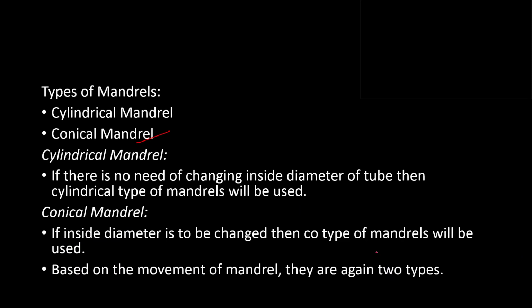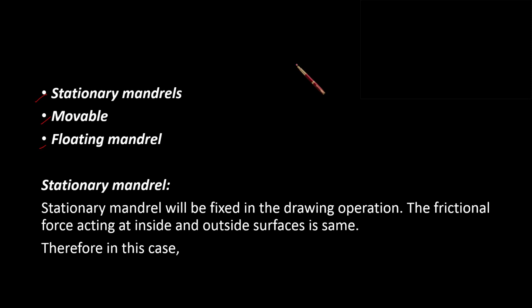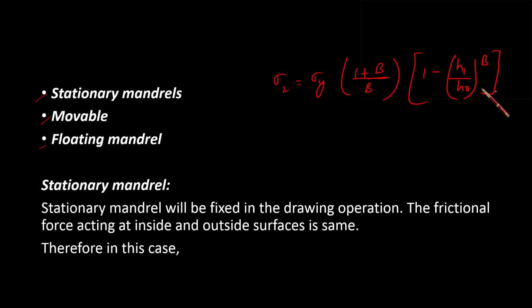Due to that, the drawing force, as we know, sigma 2 is equal to sigma by into (1 plus b) by b, into 1 minus (h1 by h0) to the power b.